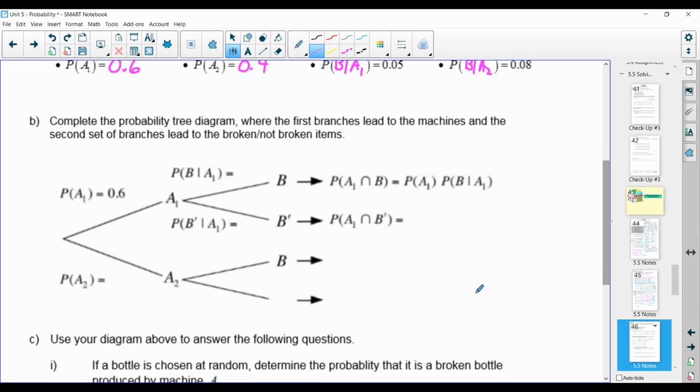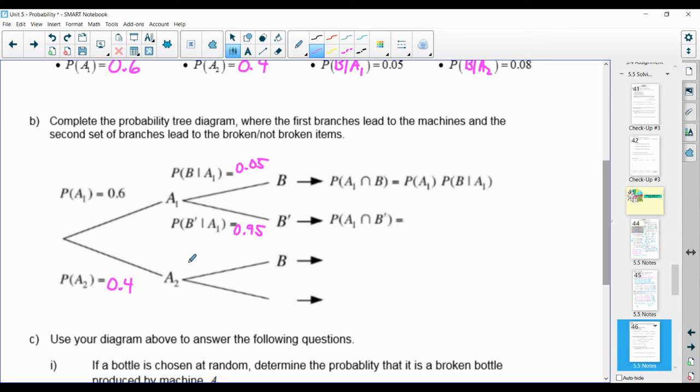So we're going to take a look at our chart here. The probability of coming from the first machine is 60%. So that means the probability of coming from the second machine is 40%. The probability that a bottle is broken, given that it comes from machine A1, is 5%, so 0.05. And so if there's a 5% chance of being broken, that means there's a 95% chance of not being broken, given that it came from machine A1.